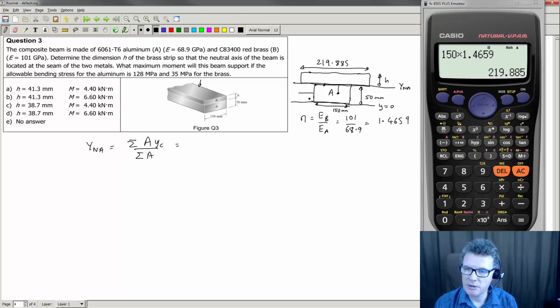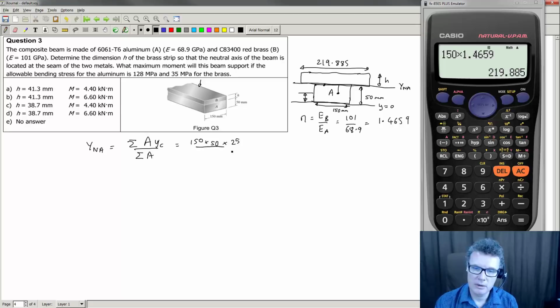The distance to get from here to here is going to be half of the 50. So you've got 150 width times depth of 50 times the centroid, which will be 25, which is the 50 divided by 2.